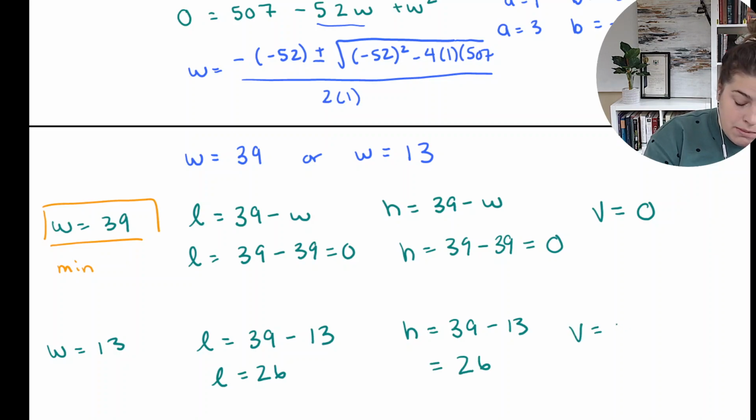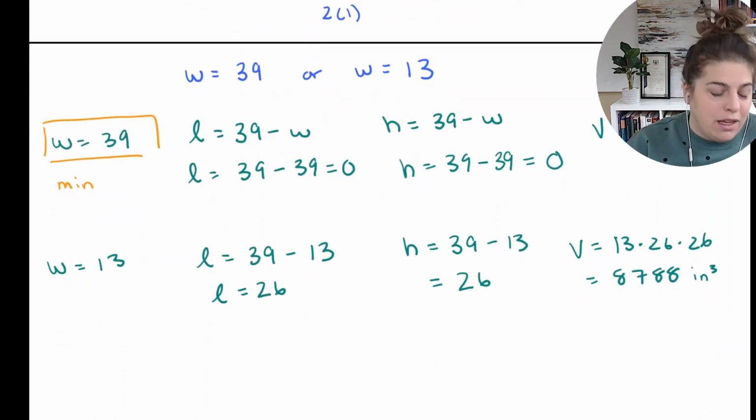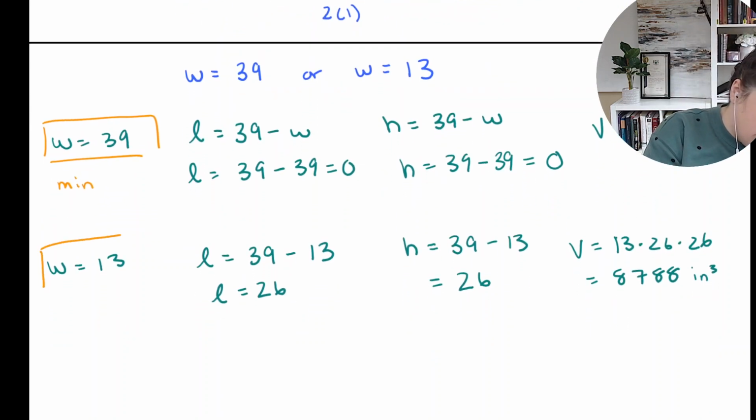And that means our volume is going to be 13 times 26 times 26, which I cannot do in my head. So our volume here is 8,788. Oh, no, this question was in inches. Inches cubed. Volume is always cubed there. Okay.